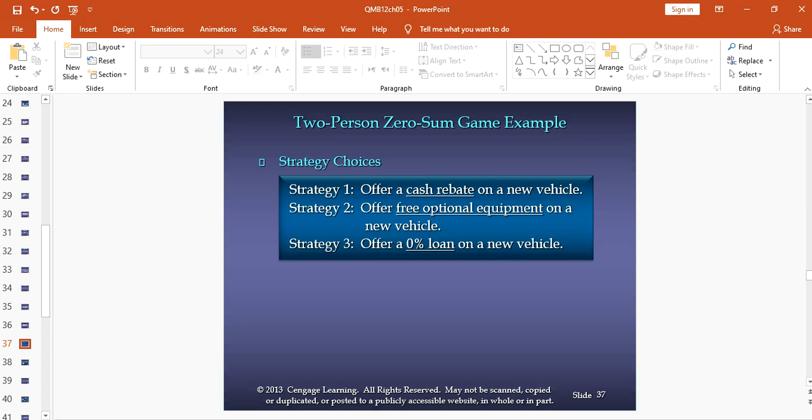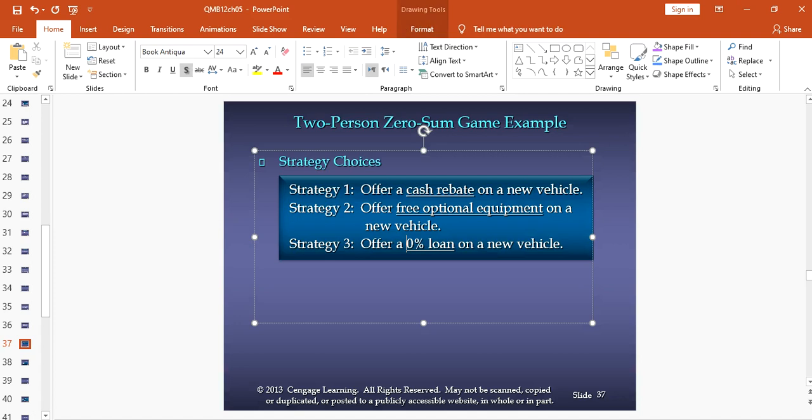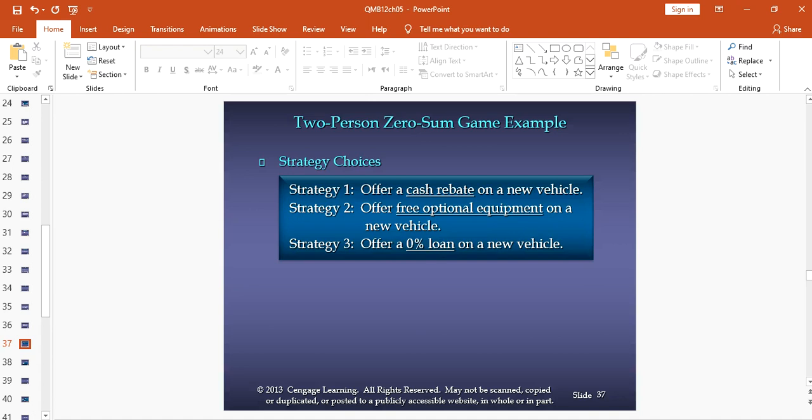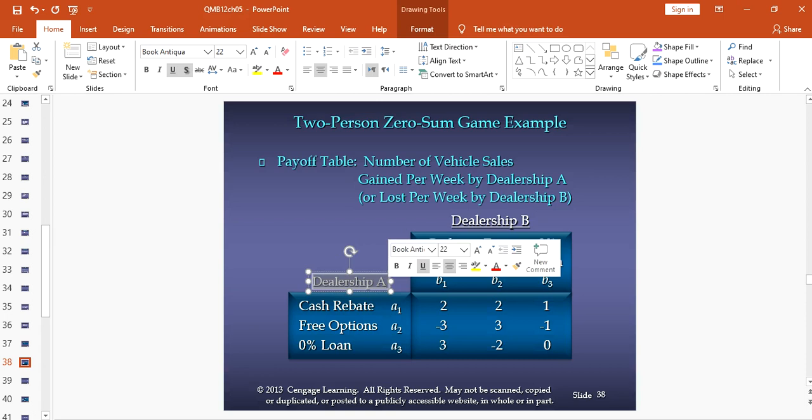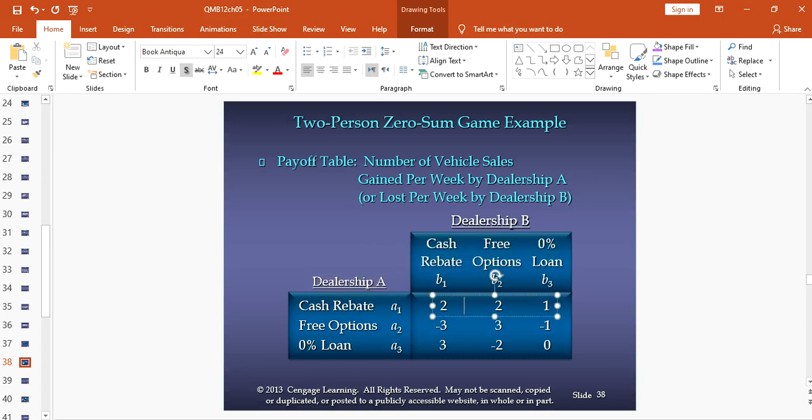Option 2 is free optional equipment for the new car. And option 3 is that they can pay on installment with no interest rate on the loan. So both have the 3 strategies. Okay, so dealership B has these strategies, and dealership A has these strategies.